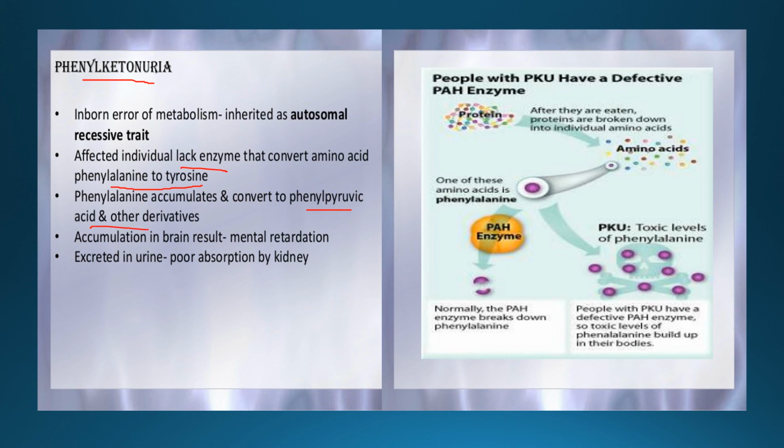This accumulation in the brain results in mental retardation. The excess phenylalanine is also excreted in the urine due to poor absorption in the kidneys. So it causes multiple effects on the person even though there is a mutation in a single gene. That is about phenylketonuria.